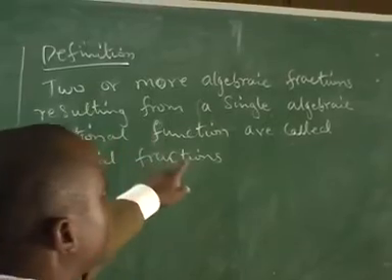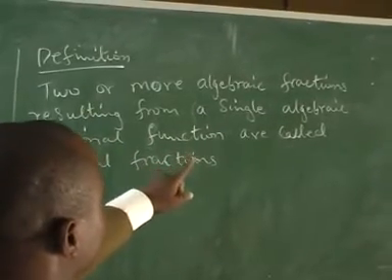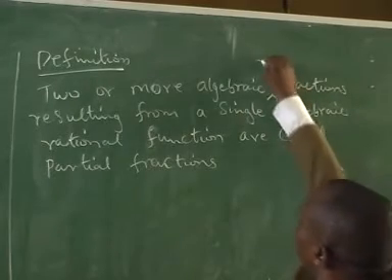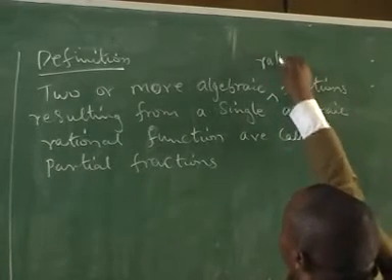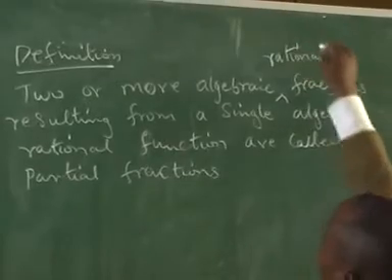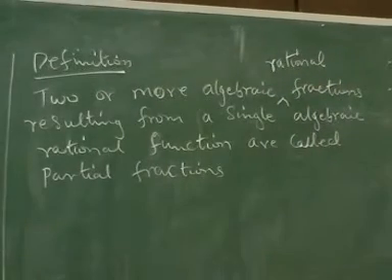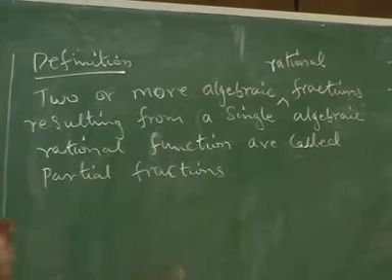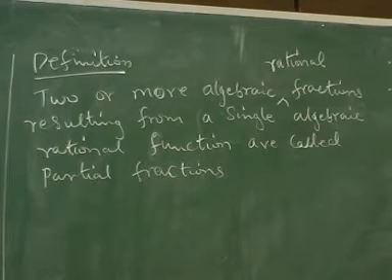Two or more algebraic rational, very important to put that, rational fractions resulting from a single algebraic rational function are called partial fractions.